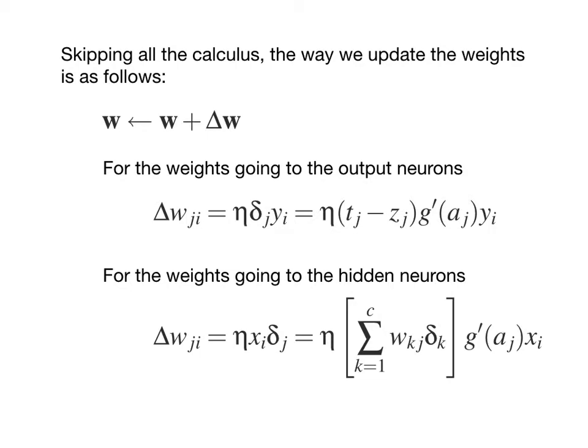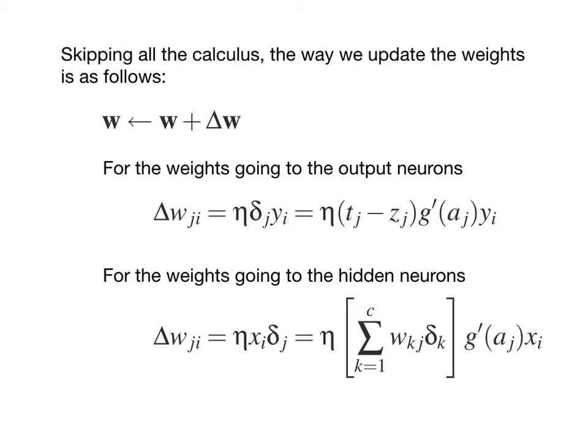And that's defined as, if you go through all the calculus and work it out, eta times the difference between the target value for output neuron j and the output z_j, times the derivative of the activation function, so that's the first derivative of the sigmoid, of activation j, times y_i.